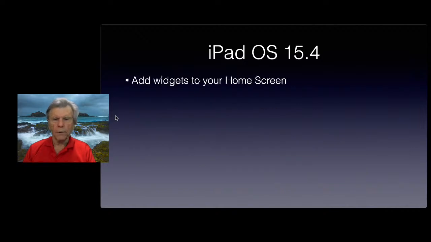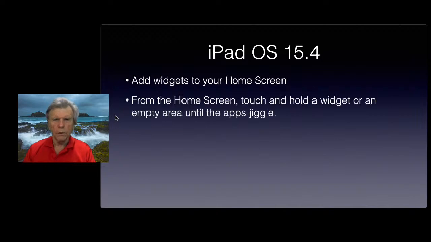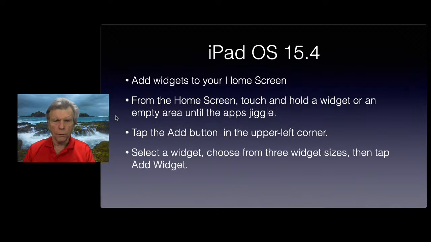So another thing that I've had some questions on, so I thought I'd just throw it in here, and that's how to add widgets to your home screen. When you're on the home screen, you touch and hold a widget until it wiggles, and then you tap the Add button in the little pop-up menu in the left-hand corner, and then you select a widget.